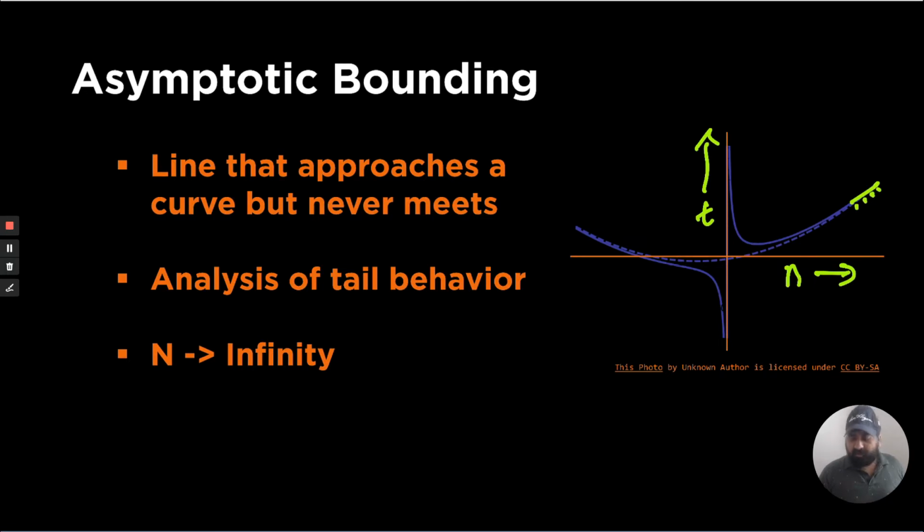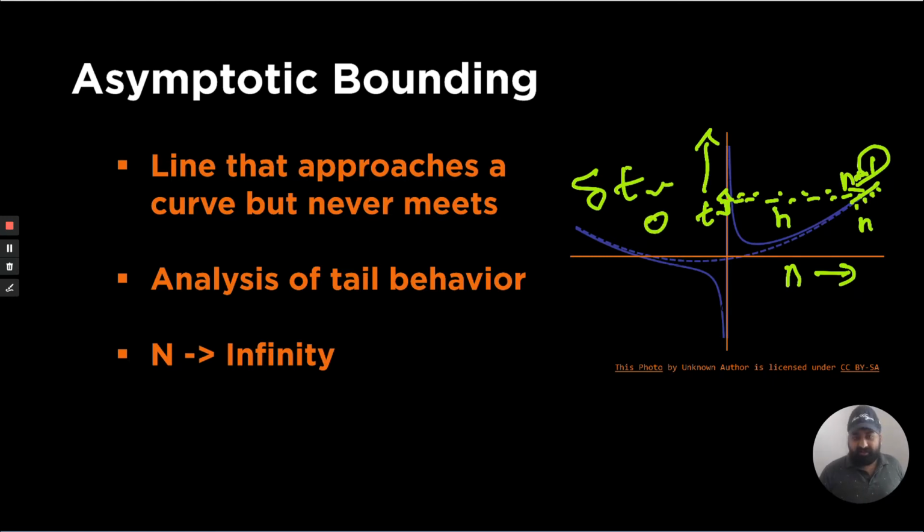And why this is important is because for very large input sizes n, let's say one of the curves is represented by n and the other one is represented by n plus 1, we can get rid of this plus 1 because they are very close to each other. So what we truly care about is, let's say this dotted line was an approximation because it was n, and the other one was n plus 1, the difference in time, delta t, is so small, it's almost zero when n tends to be very large.